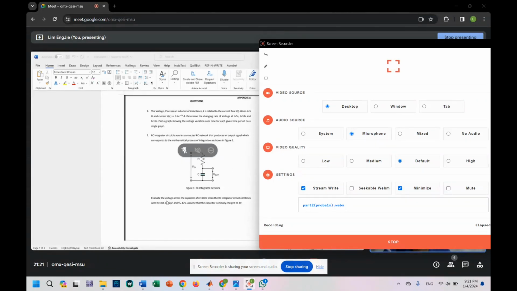The question is to evaluate the voltage across the capacitor after 30 milliseconds when the RC integrated circuit is combined with R equal to 1 kilo ohm and C equal to 10 microfarad, and V in is 12 volt. Assume that the capacitor is initially charged to 3 volt.